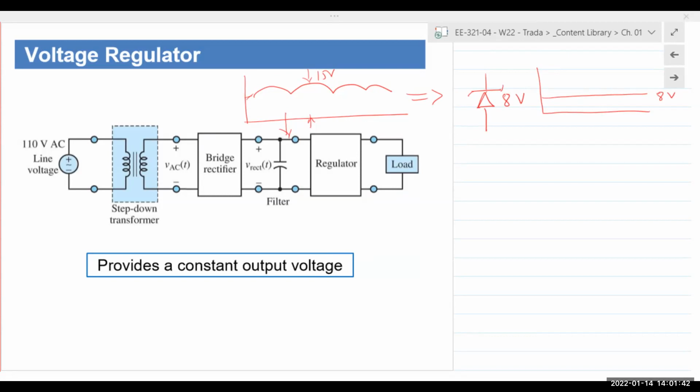Once that output goes above 8 volts, the Zener diode turns on, meaning it's already operating in the breakdown region. Now the output across it remains constant at 8. So it doesn't matter how high this goes. This could go to 15 volts, 20 volts, 25 volts. As long as it doesn't provide energy that exceeds PZ, that Zener diode will continue to work without any problem.